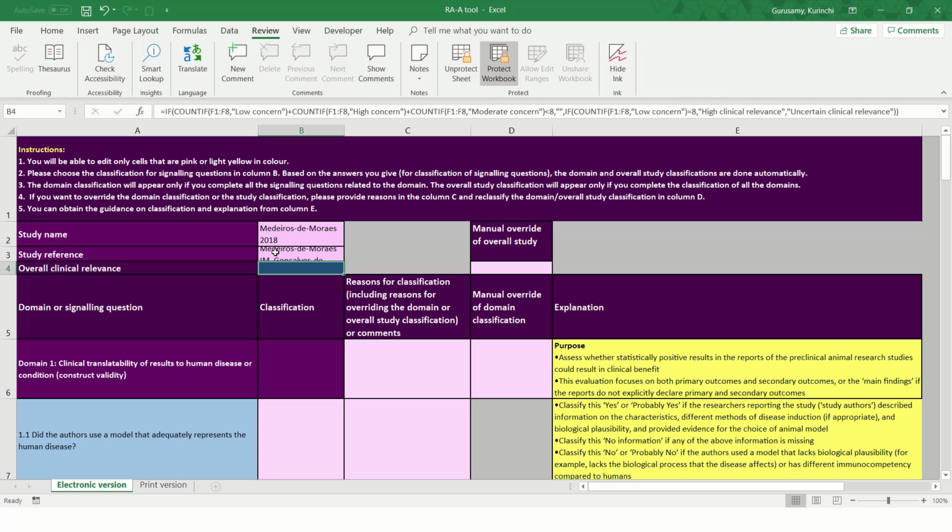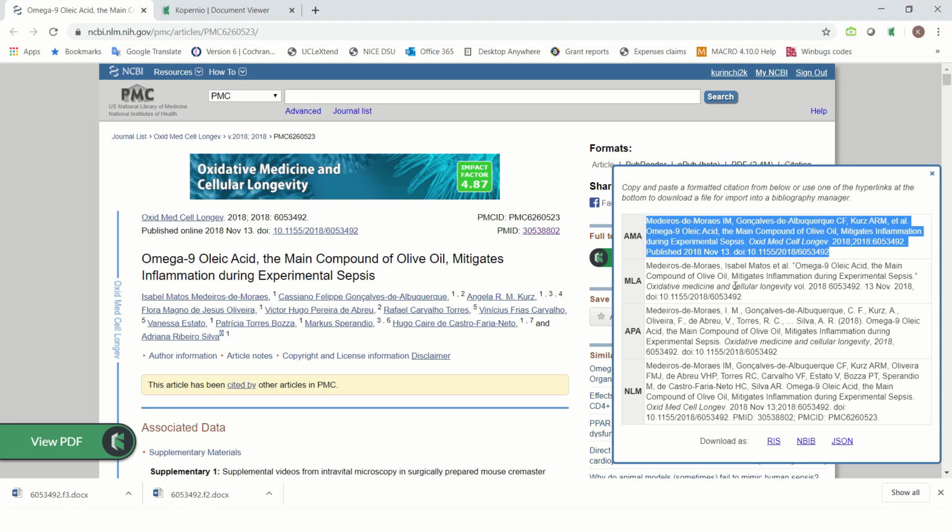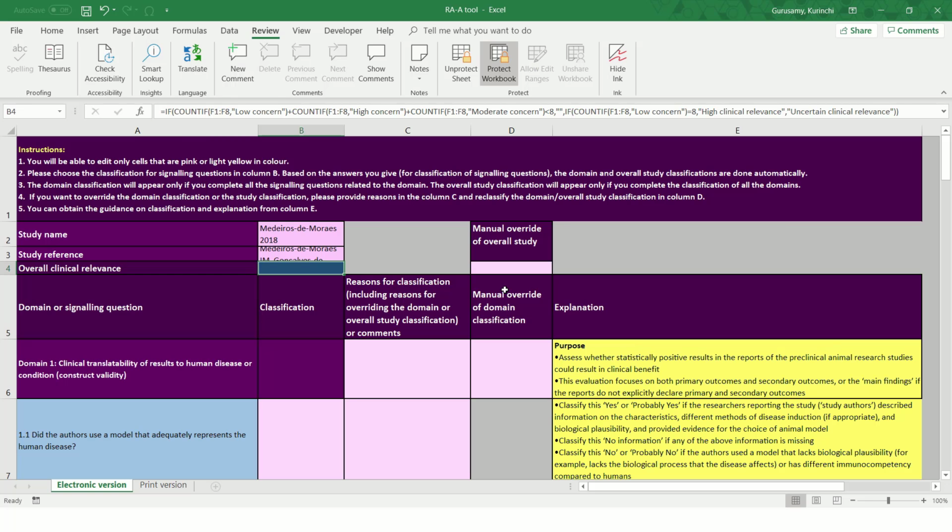I am double clicking it and entering it. You can also paste it, but if you paste it directly from here, it might behave slightly differently. So I generally double click and insert information if I don't want any change in format.